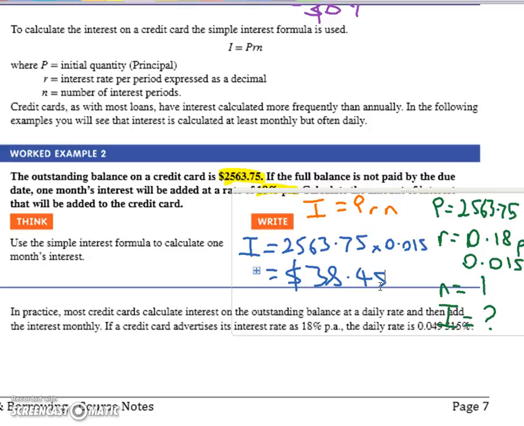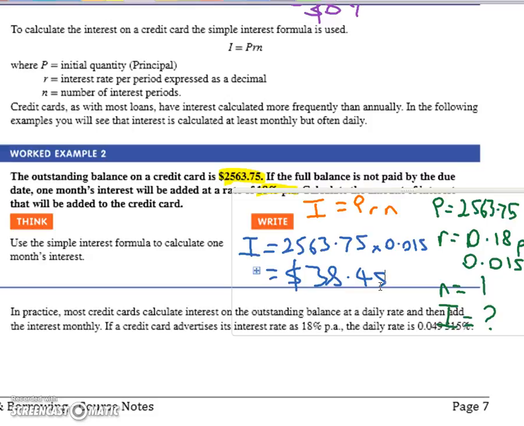This is how much you owe. Then at the end of the month, you get charged this much in interest, so that goes on top. Then you pay your 1.5% minimum repayment. So how much do you owe now? You're back to the 25. Your minimum repayment covers that interest.